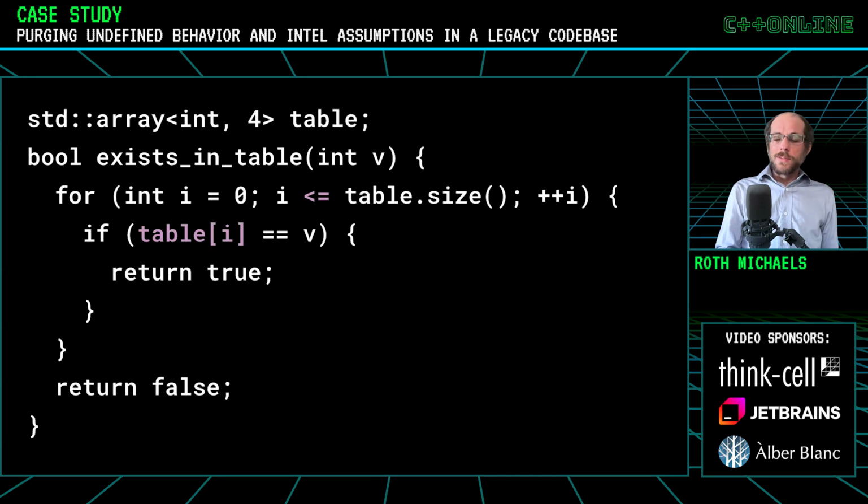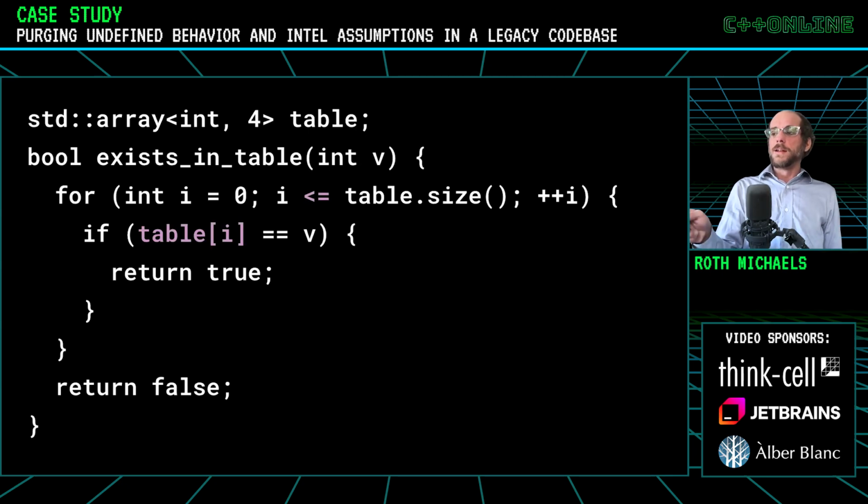And so the optimizer is allowed to make an interesting assumption. Since if i equals size, it would be undefined behavior to look for i in table, because 4 is past the end of the indices of table, that means it's going to be impossible for us ever to get into a situation where i equals 4.